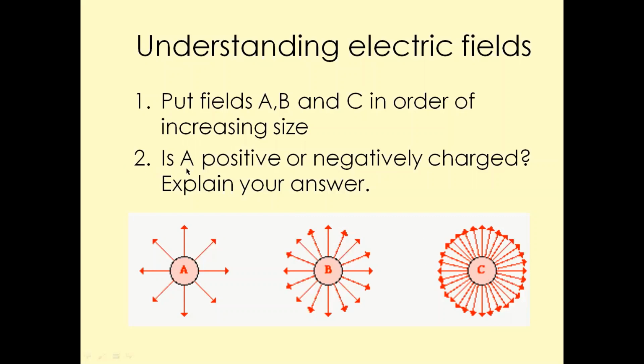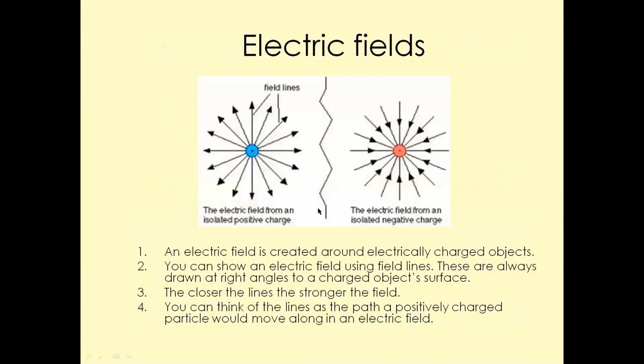And second, is A positively or negatively charged? For that, remember this fact: if the direction of the field lines is outwards, it is always going to be a positively charged object. Or if the direction of the field lines is inwards, that is going to be a negative charge. So direction outwards means it's a positive charge.